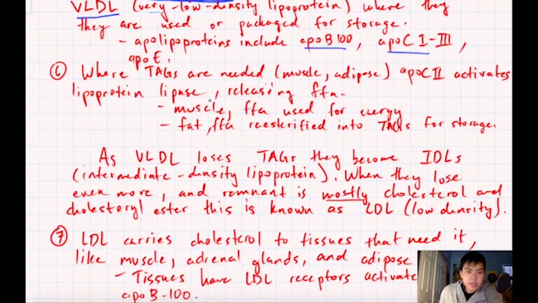All right, so step 6. Essentially what's going to happen is you're going to keep releasing free fatty acids, right, until all you're left with is cholesterol and cholesterol esters.